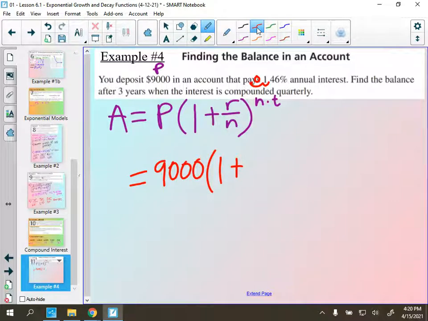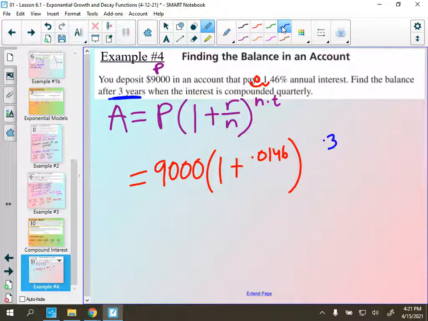As a decimal, I slide my decimal point over 2 places: 0.0146. We'll do the N at the end here. Then the T value, how long? We're leaving it in there for 3 years.